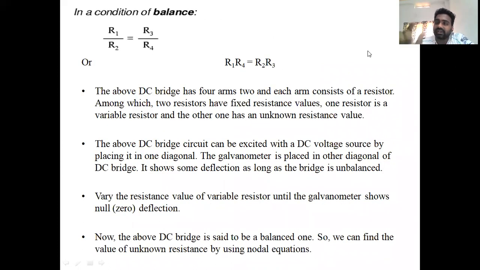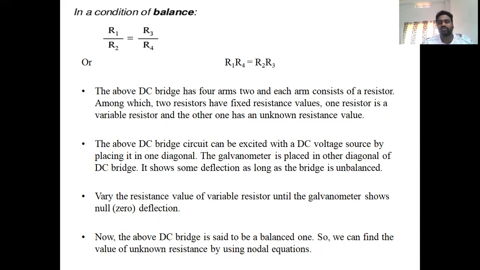So in a particular diagonal we have placed the galvanometer. Whenever there is a change in current or a change in resistance, the galvanometer will show that change as a deflection.